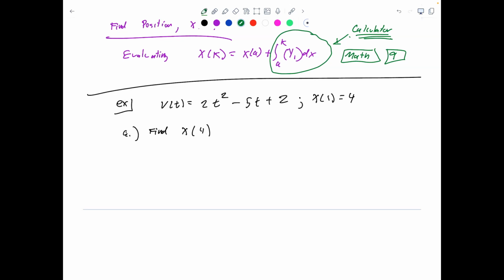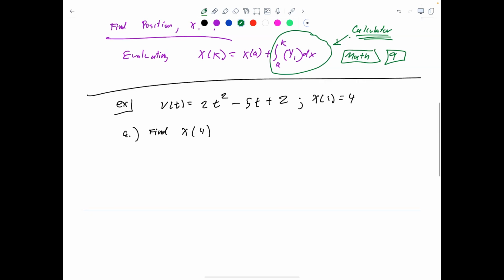All right. So, we know that x of 4 is equal to x of 1 plus the integral from 1 to 4 of v of t dt. That's what we know.